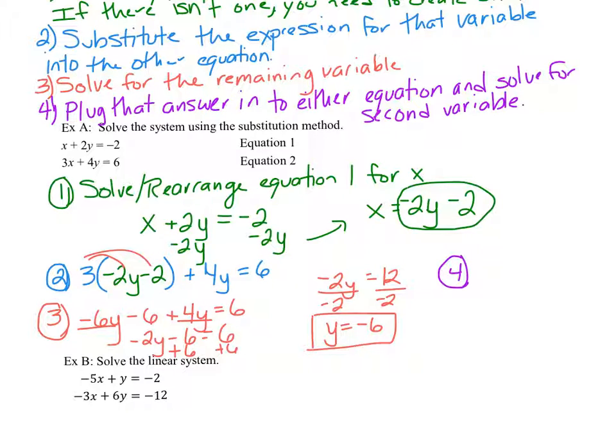Do you guys want to put it in the first one or second one? Which one did we not do? We messed with both of them. Yeah, so we really can choose either. As long as you do your math right, it should work for either of them. Okay. I'm going to say the first one looks easier, right? So let's do x plus 2, and then we'll put my negative 6 in for y.